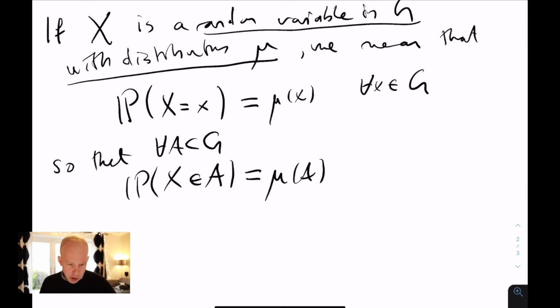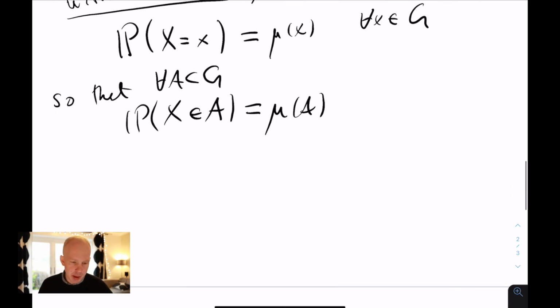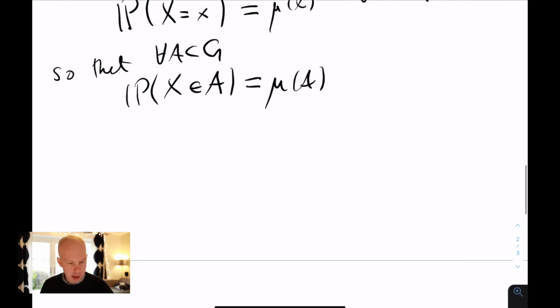So now we can talk about the events and the probabilities of random variables using these probability distributions, like we did in Z_p. Maybe let's go to the total variation distance first.